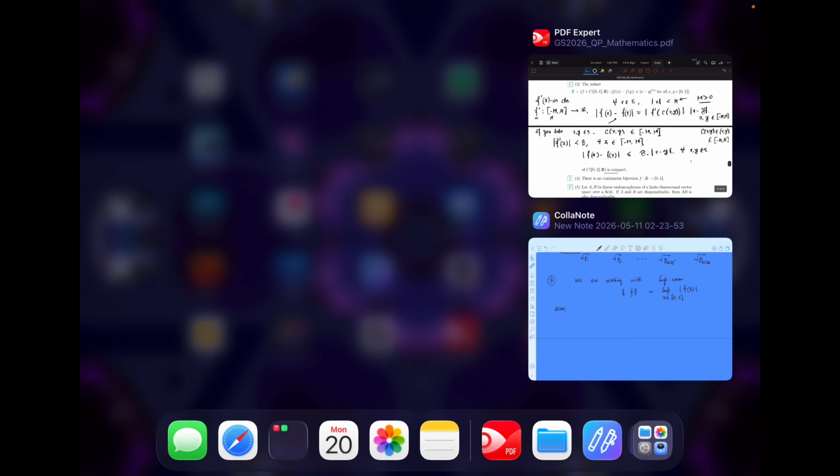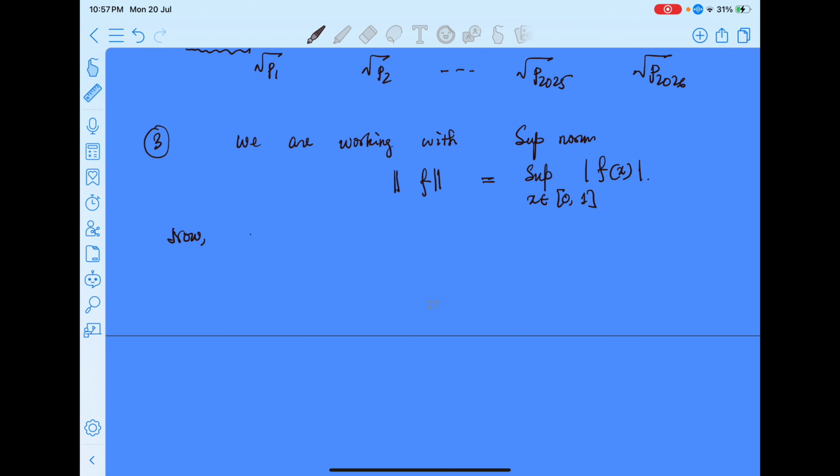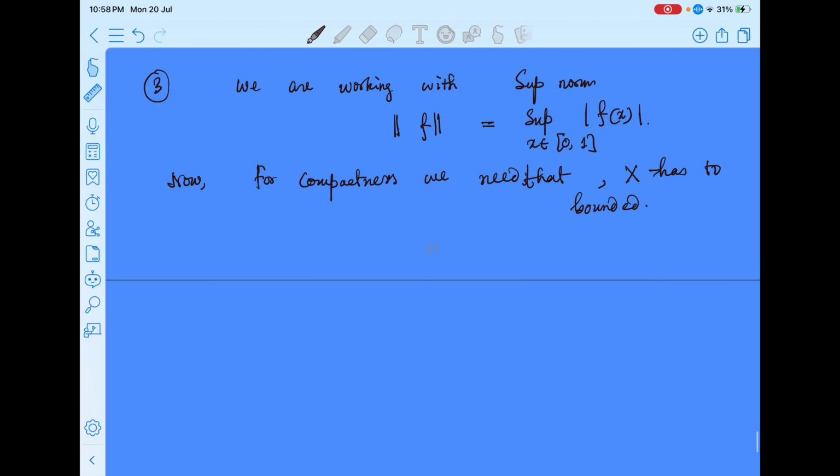Under this supremum norm, a necessary condition for compactness is that the set has to be bounded. If this is compact, then X has to be bounded.